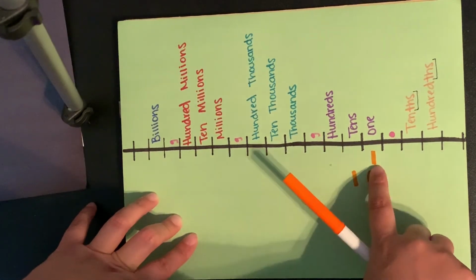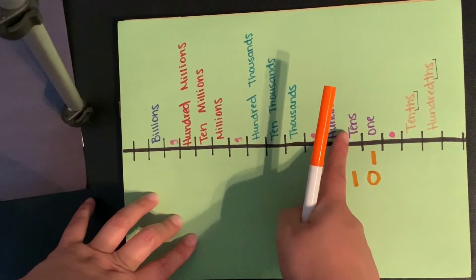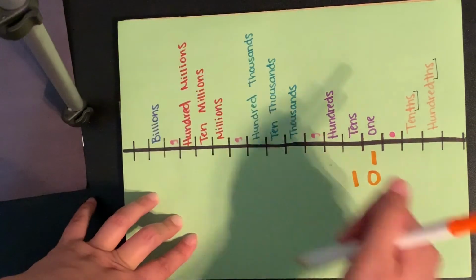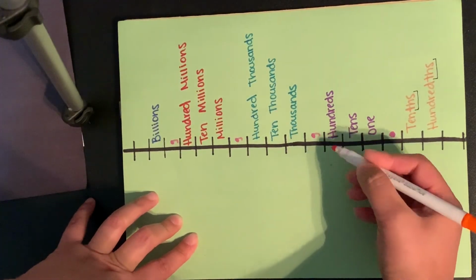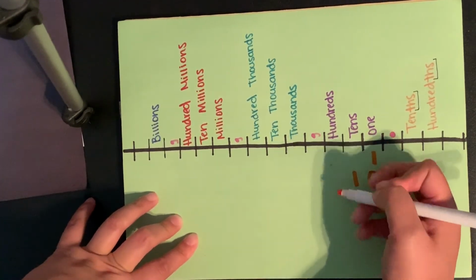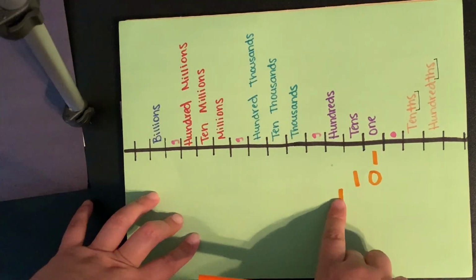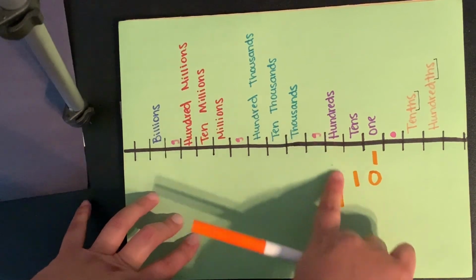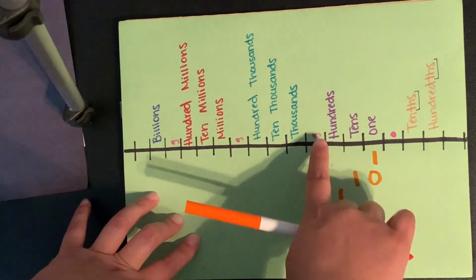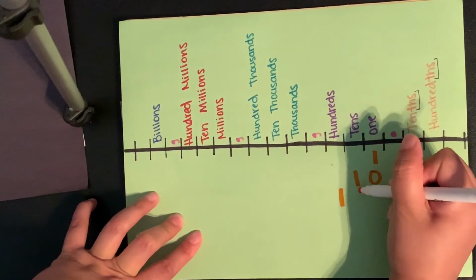Same digit, but it now has a different value because of where it is on the number line. Same thing if I move it 1 to the left. I place it here. Just by placing it under the hundreds, it now has a 100 value.